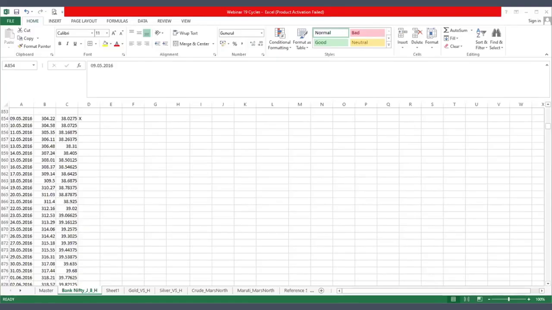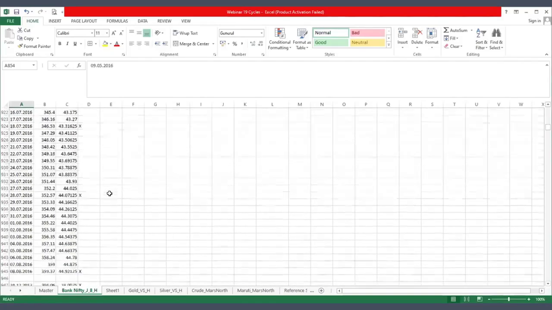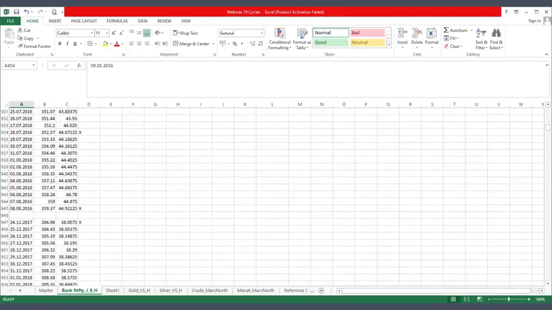So 9th, after 6th, it has opened on 9th. And let's see what is the date, maximum range. 8th August. Till 8th of August, we see this as a high. So what is this percentage? It is around 17%.